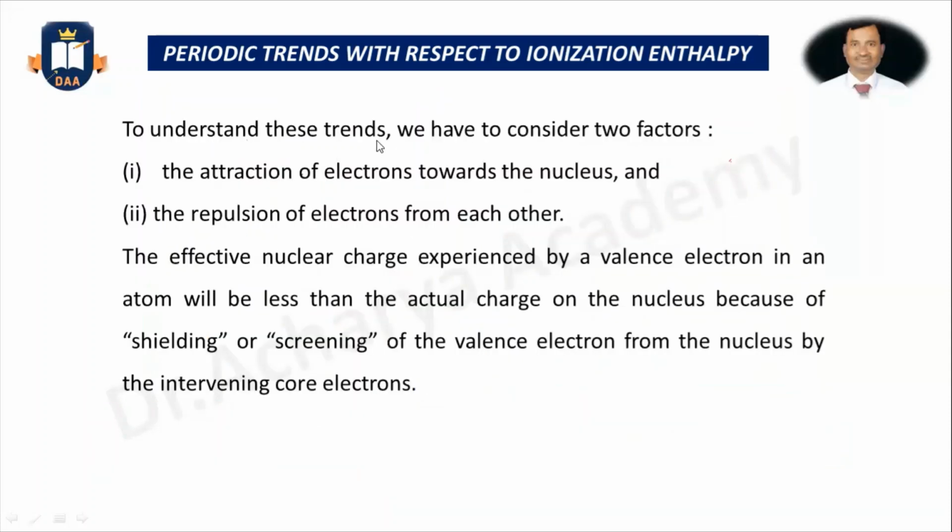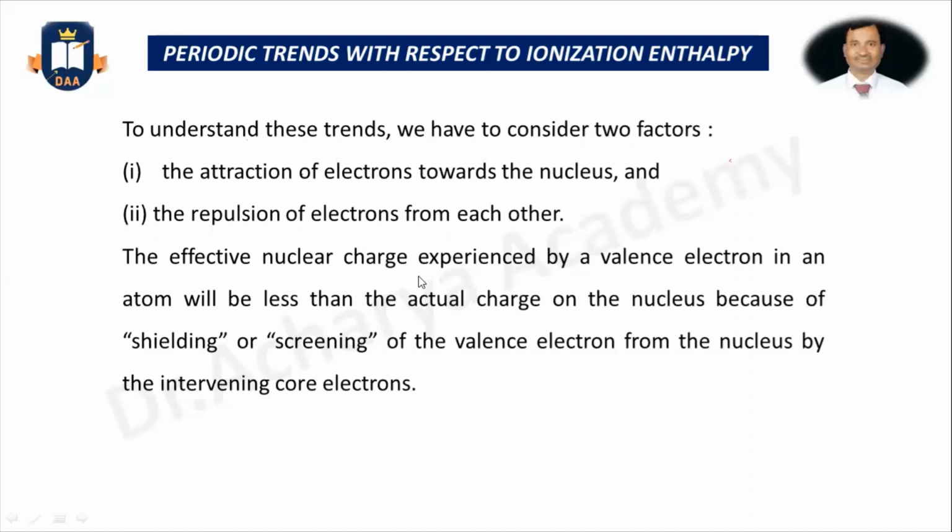To understand these trends, we have to consider two factors. The first factor is the attraction of electrons towards the nucleus, and the second factor is the repulsion of electrons from each other.